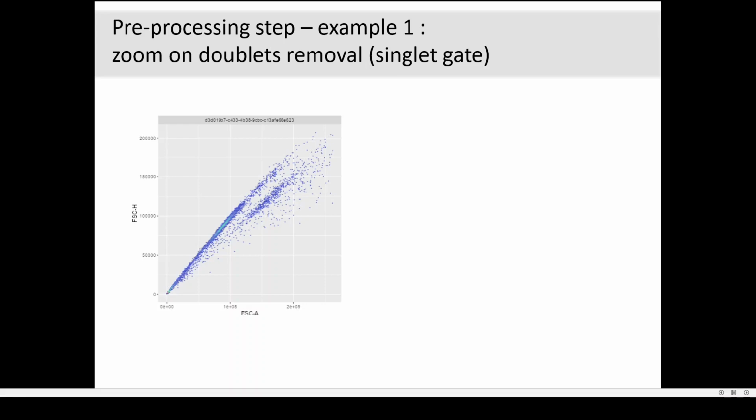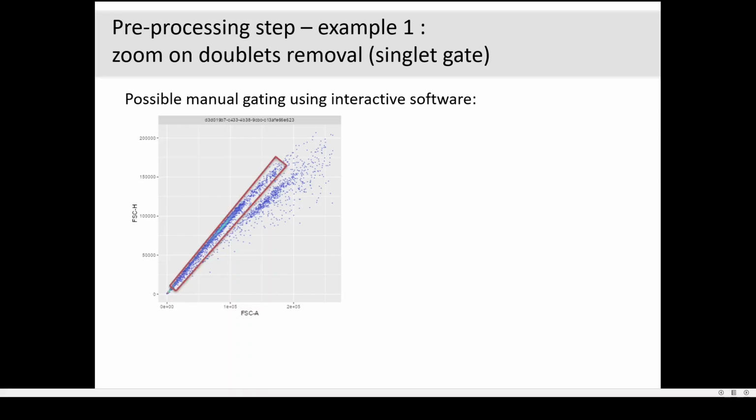And typically a user using manual gating, so not using automation for doing this, will do this using an interactive software and looking at the data in a 2D representation following these axes, FSC-A, so the forward scatter area, and the forward scatter height.